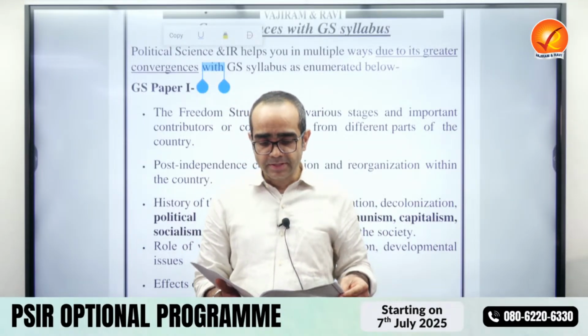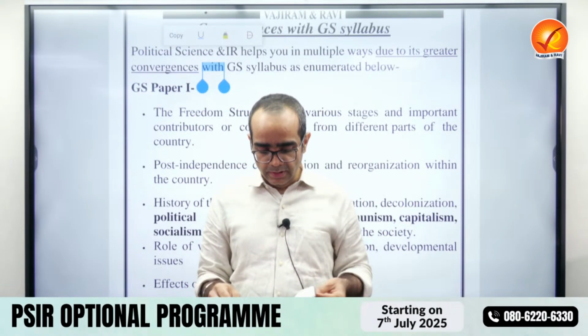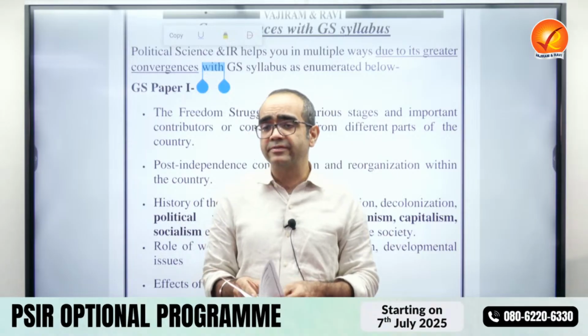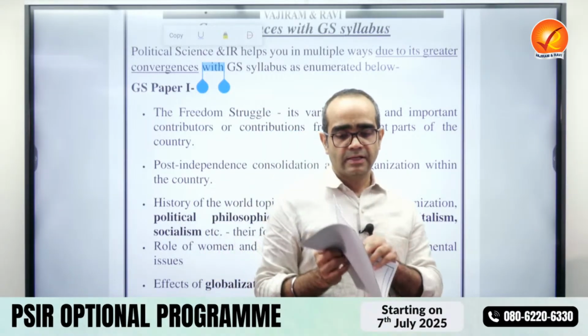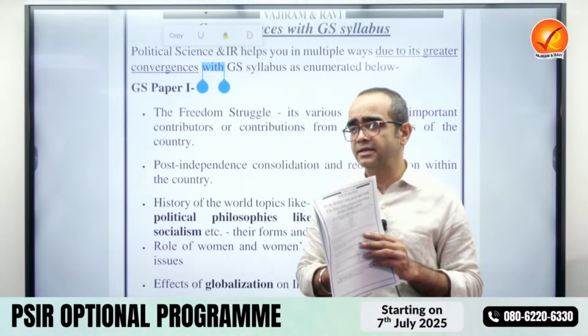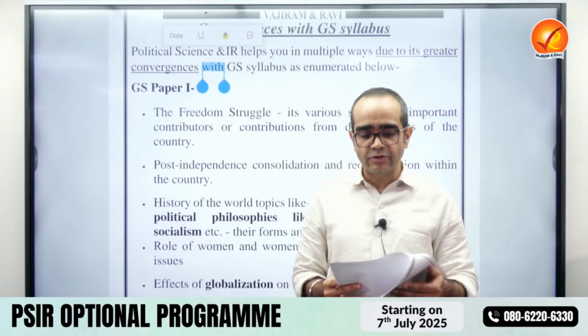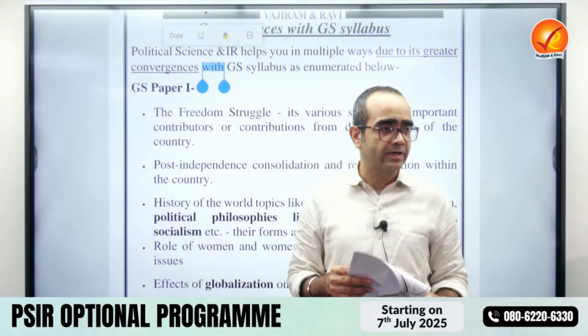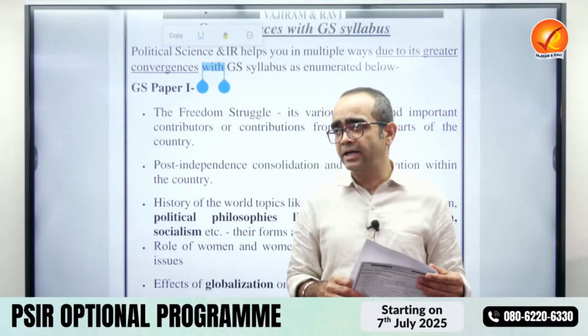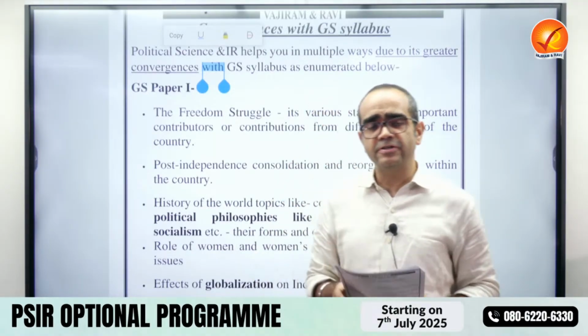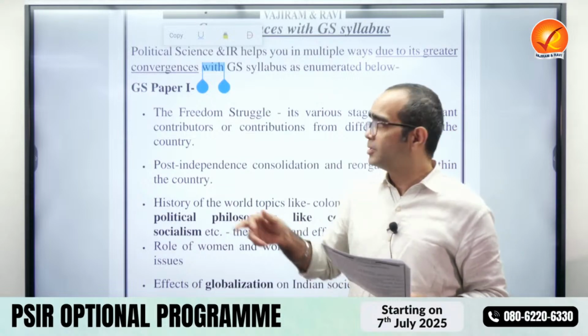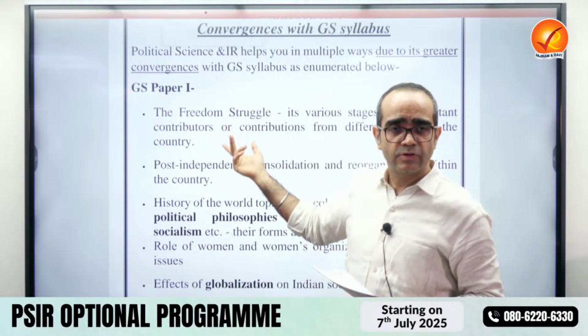Please come to page number 7 of this material, titled PSIR workshop. On page number 7, can you see section B of paper 1? It starts with Indian government and politics. Can you see the very first topic? It talks about the freedom struggle. That's what we will be discussing.